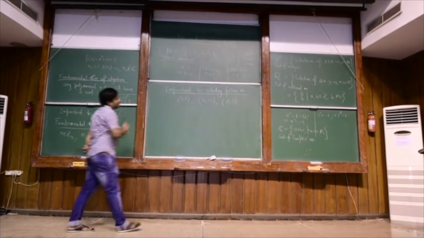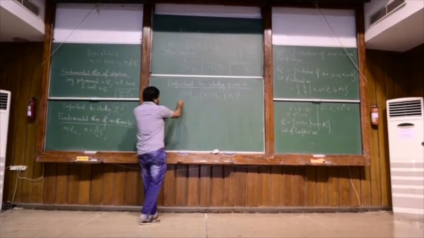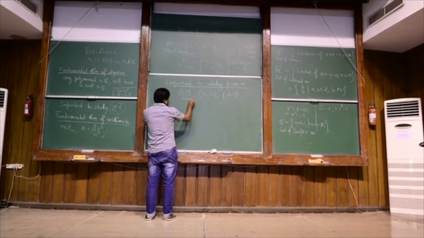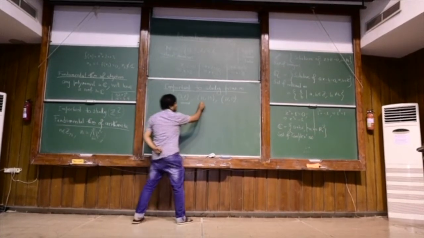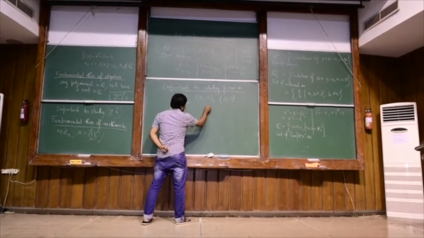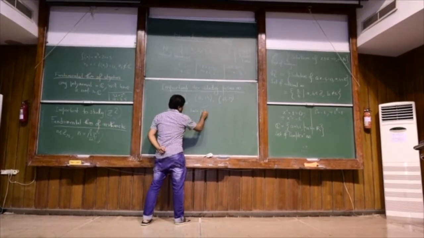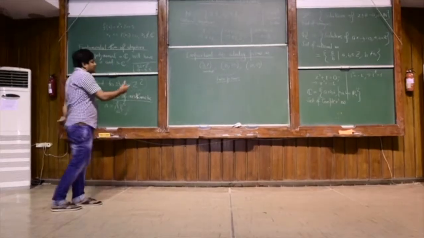So are these primes? Yes. And 5 and 7 are consecutive primes. So I define this kind of primes as something called, in mathematics, twin primes. Okay. What do I mean by twin primes?